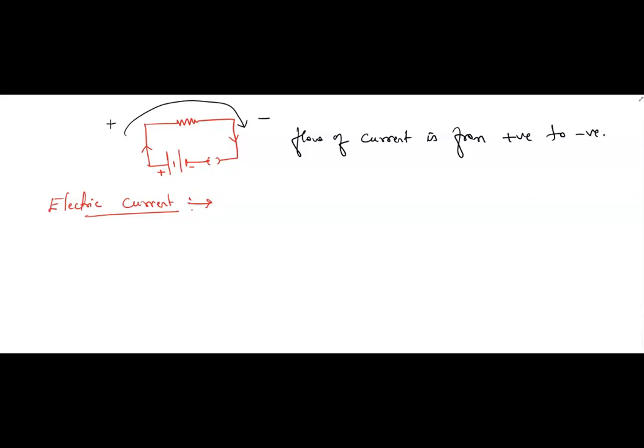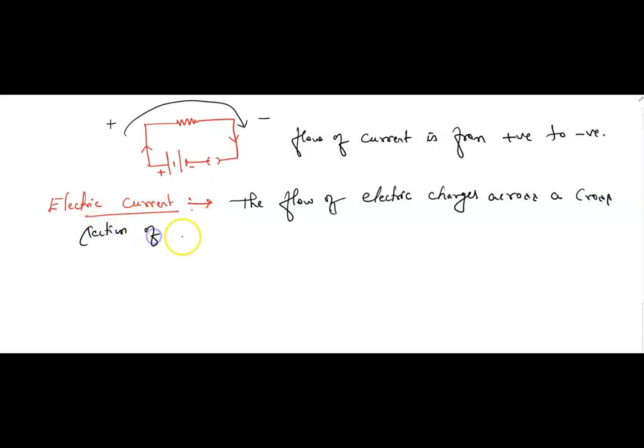The flow of electric charges across the area of cross section of a conductor constitutes electric current. The flow of electric charges through a cross section of a conductor is known as electric current.